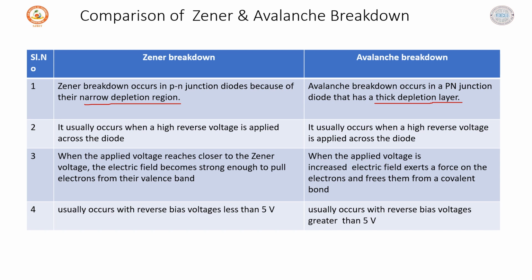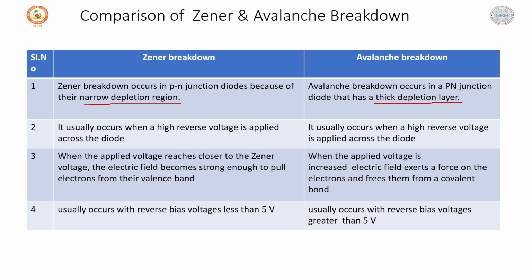The second difference is the zener breakdown will usually occur when there is a high reverse voltage applied across the diode. In the same way, avalanche breakdown will also occur only when a high reverse voltage is applied across the diode.